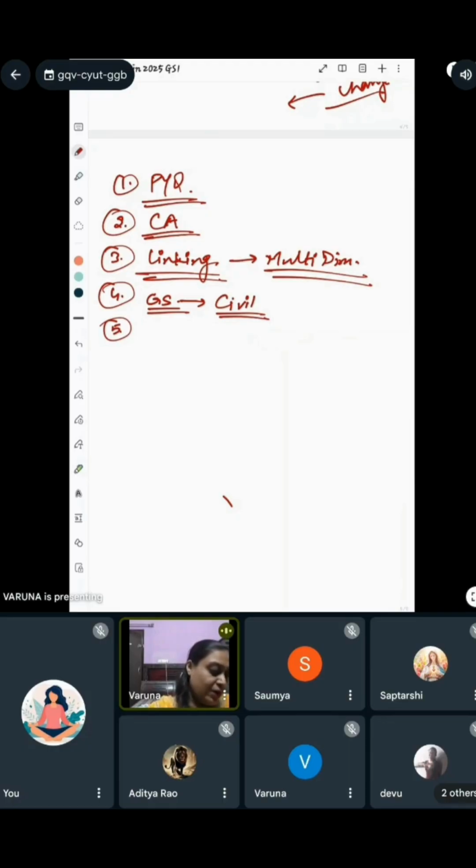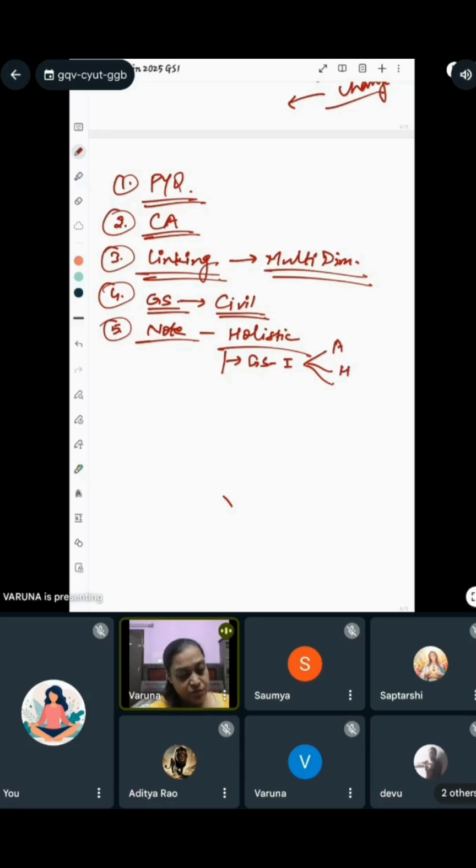And whatever notes we are preparing should be holistic, right? Holistic means, like I used to tell my mentees, they have to think how to relate it with GS1, where art and culture, history, society, geography, all the aspects have to be considered.